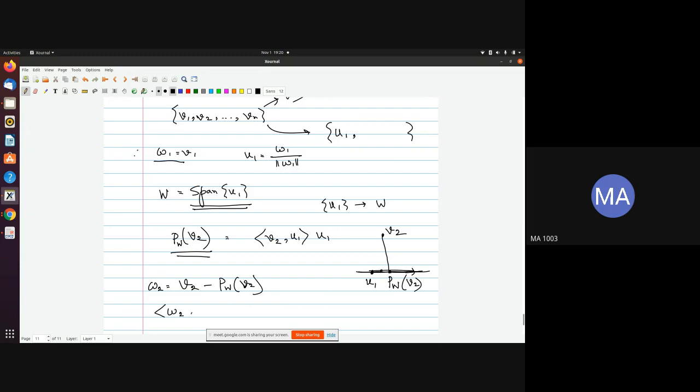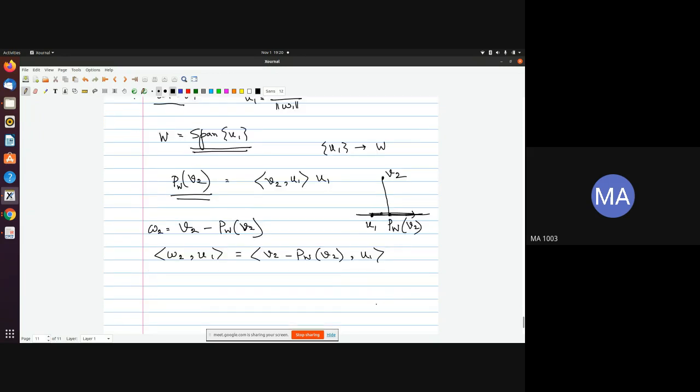My point is <W2, U1> is 0. W2 is V2 minus <V2, U1> U1.